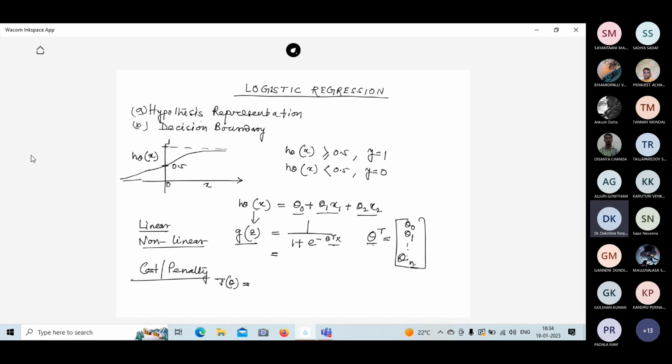After having decision boundary, now we will define the cost function or penalty function. And after getting the cost function, we have to minimize this cost function so that we can get the optimal model parameters, optimal coefficient. Okay, this optimal coefficient is nothing but theta over here.